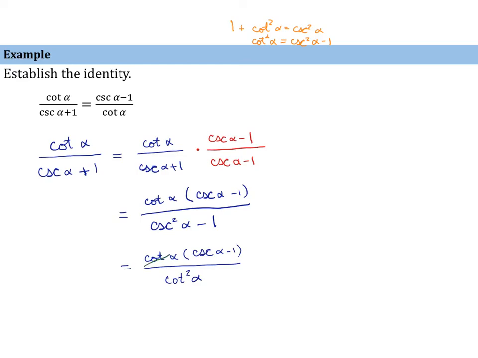Now, that cotangent of alpha will cancel with 1 of our cotangent of alpha in the denominator. And so we have now cosecant of alpha minus 1 over cotangent of alpha, which is the right-hand side.